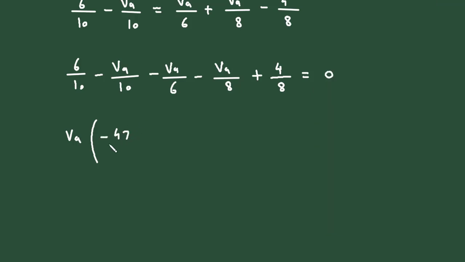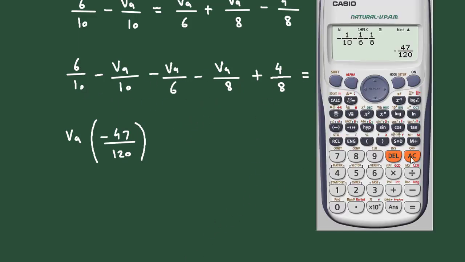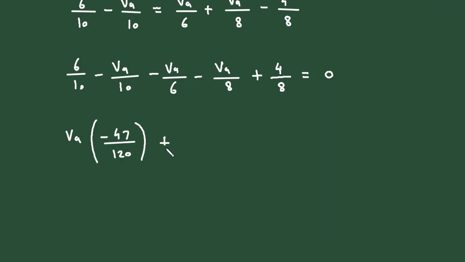Then if we solve this, 6 by 10 plus 4 by 8, it is 1.1. So it will be plus 1.1 is equal to 0.